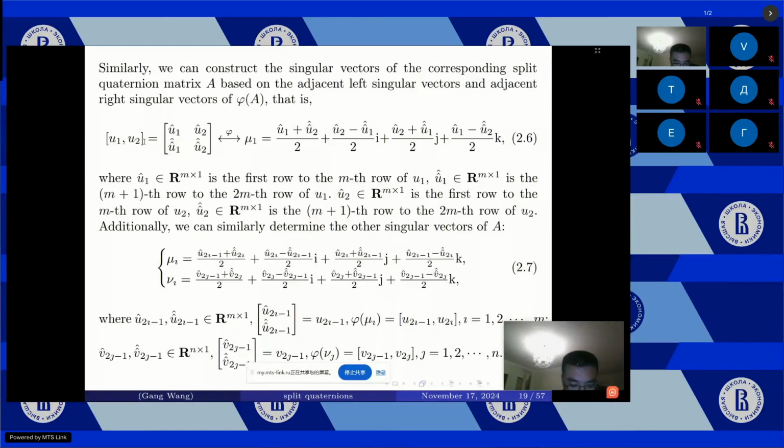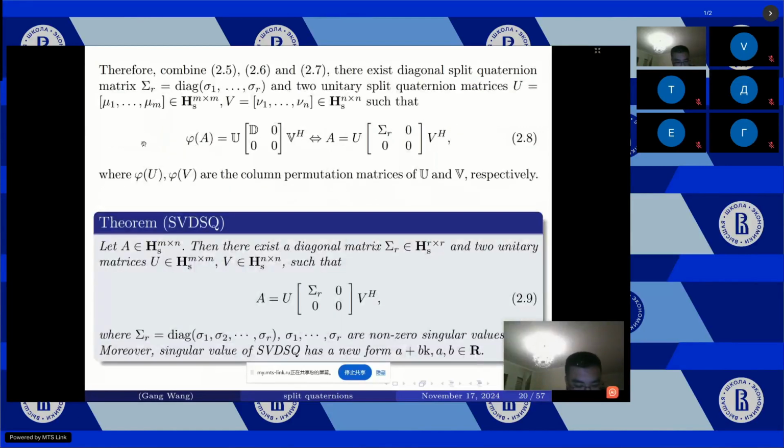In this way, we can identify all left and right singular vectors of the split-quaternion matrix as shown in equation 2.6. Thus, by integrating the reverse construction process discussed, we can obtain the SVD of the original split-quaternion matrix from the SVD of its isomorphic real matrix.